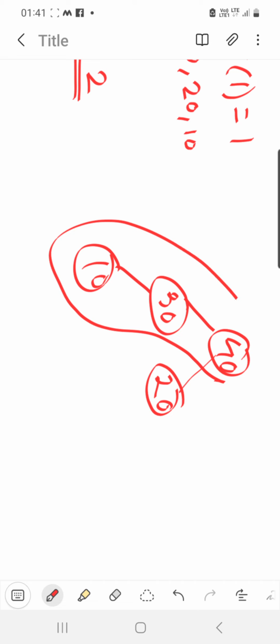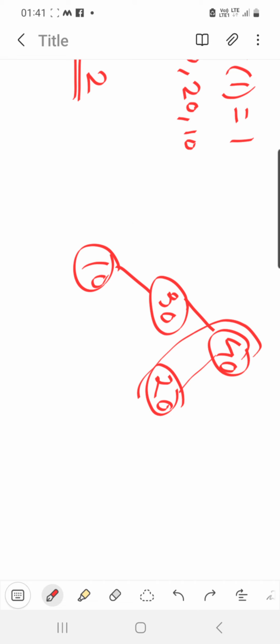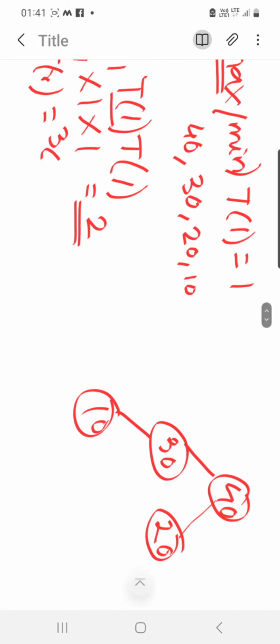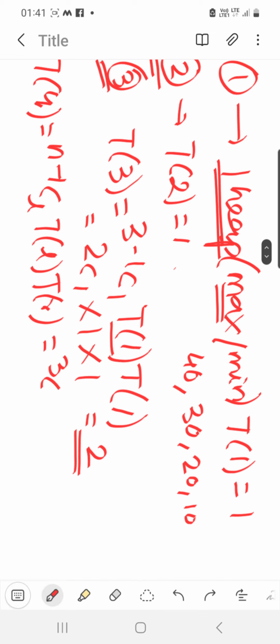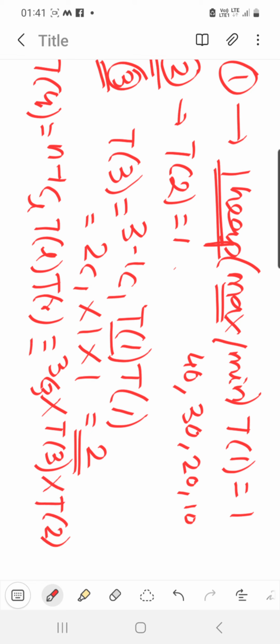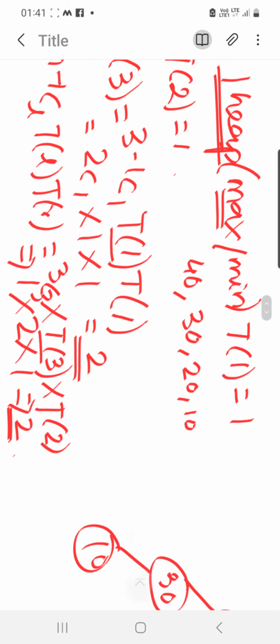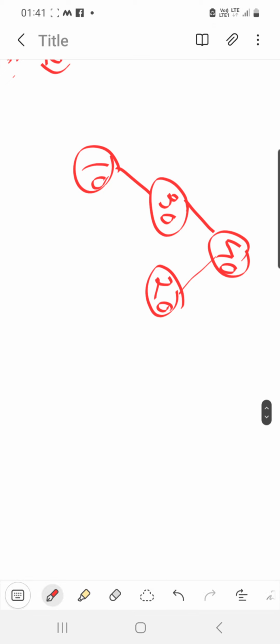There will be two nodes in the left subtree and one node in the right subtree. So it will be 3C2 * T(2) * T(1), and so on, which gives 3.